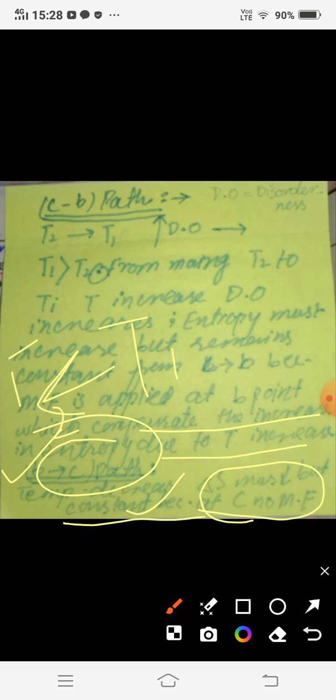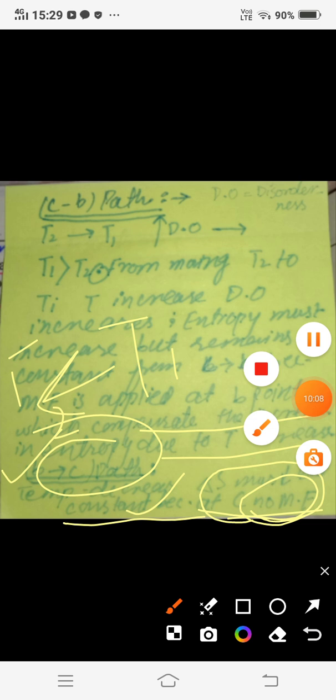Why is it remaining constant? Because there is no magnetic field, there is no effect of the magnetic field to cause the electrons to be arranged or to decrease the disorderness or randomness of the system. This is done by only one factor, that is temperature. Temperature is decreasing but the magnetic field is not there to affect it. It means that at the C point, the entropy will remain the same.